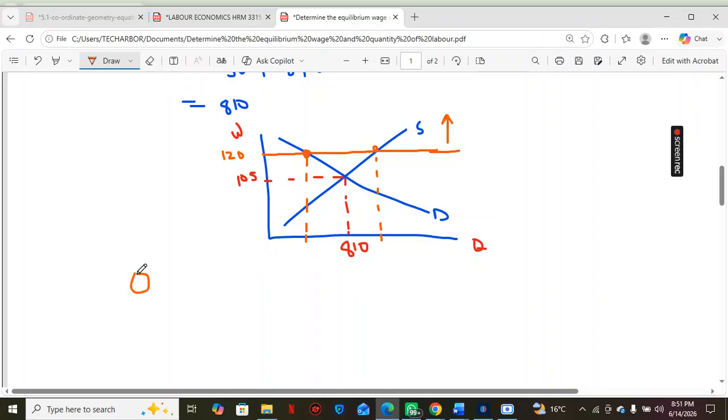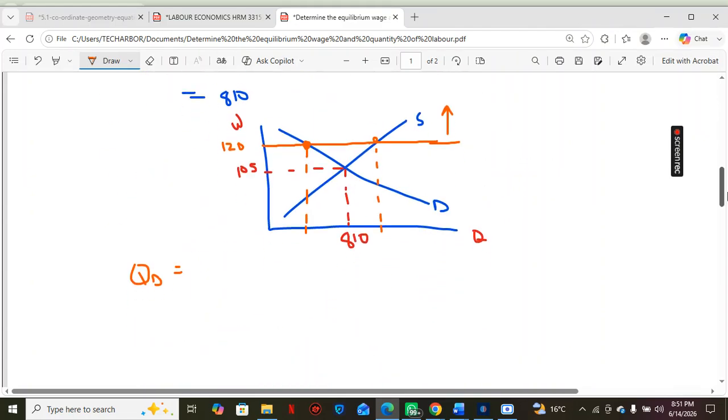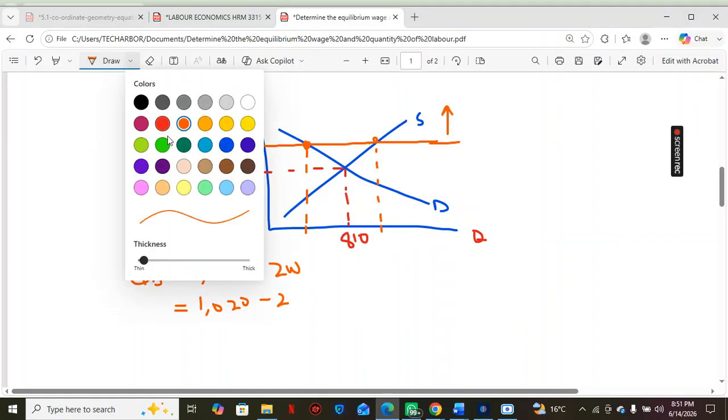So first we go back to our demand function. QD equals 1020 minus 2W. The wage of 120 has been placed, so we substitute W with 120.